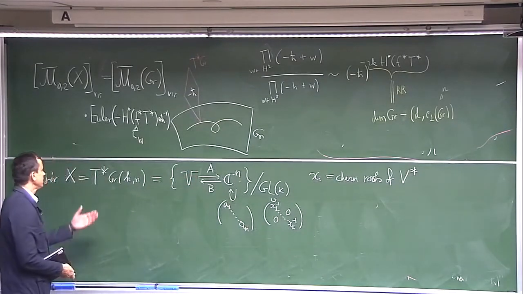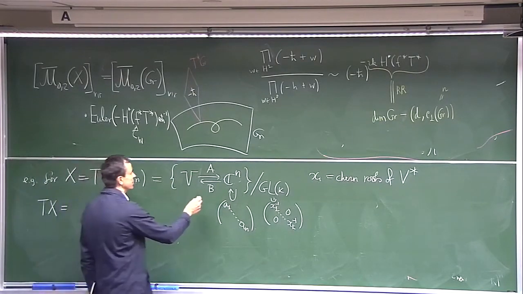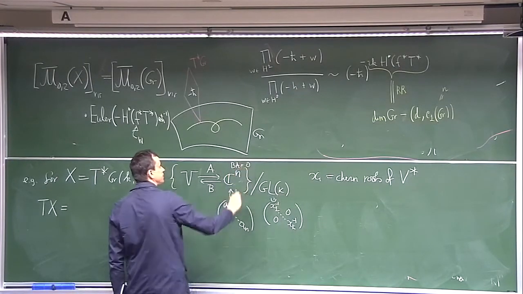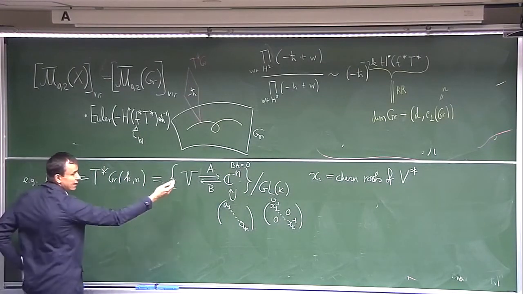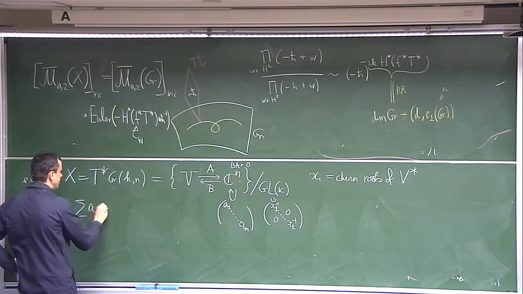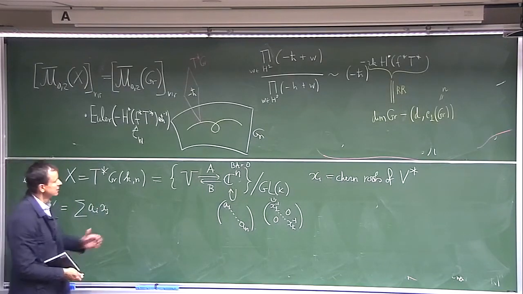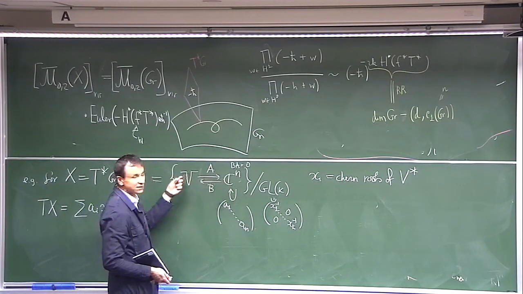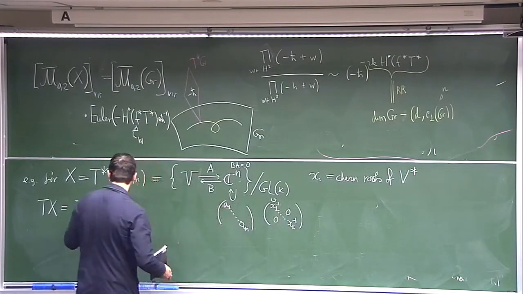And so what's the tangent bundle to X? Well, it's written here, right? We impose the condition that BA equals 0. So first there's A. A is an element of C^n tensor V dual, and so the character of my group is the sum of a_i x_j inverse.